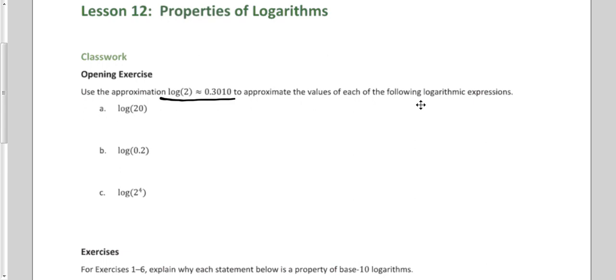So this log 20, how can I rewrite 20? Not 10 plus 10, 10 times 2, right? I want 2 in there someplace, right? So this equals log of 10 times 2. And then what can I do with that log?